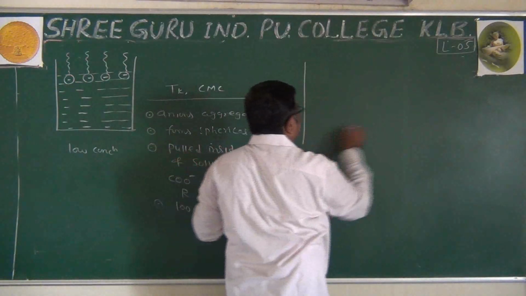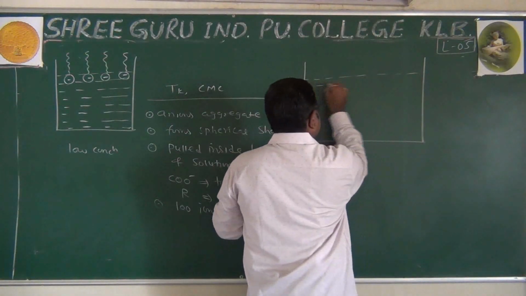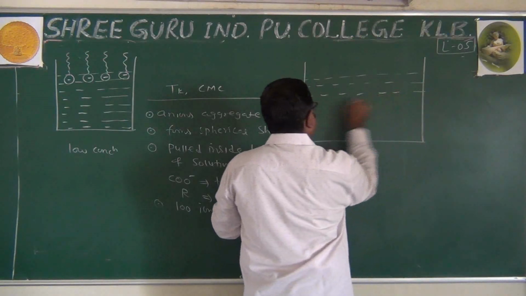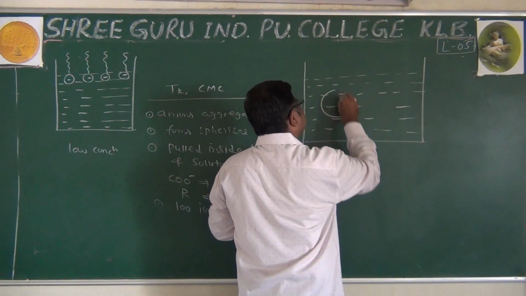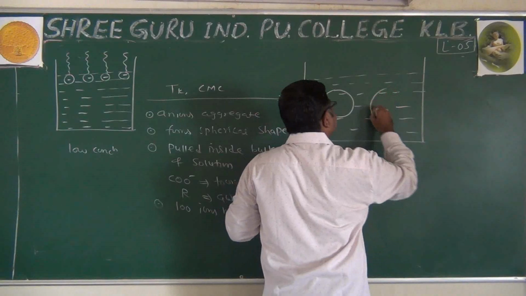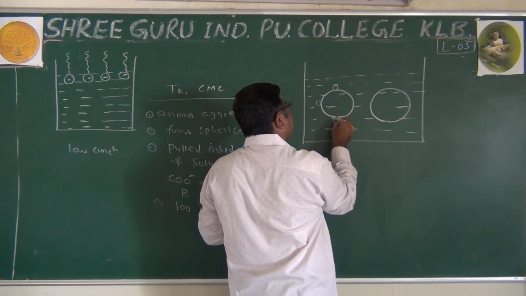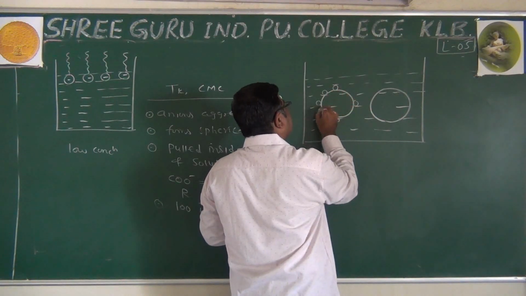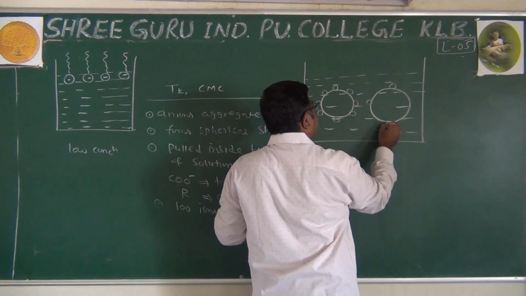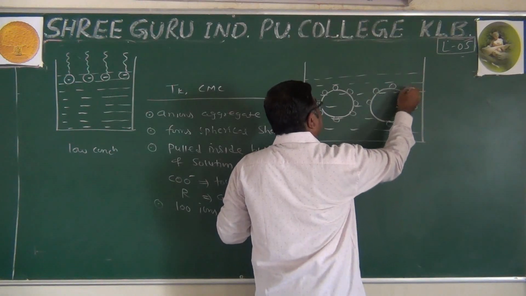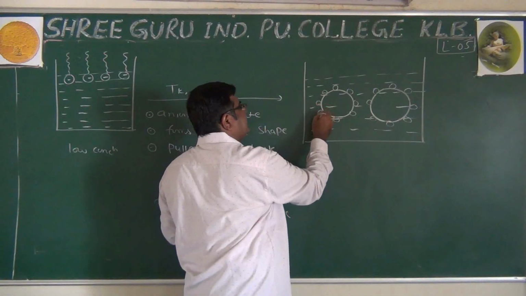How does it form? This is the dispersion medium. These are the spheres, like this. And this is the ionic part, anion part, towards the water, and this has negative charge.